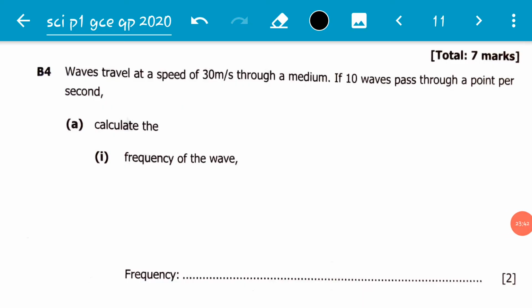Let us now turn our attention to question B4. Question B4 reads: waves travel at a speed of 30 meters per second through a medium.